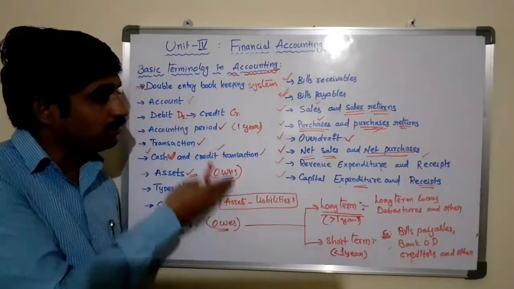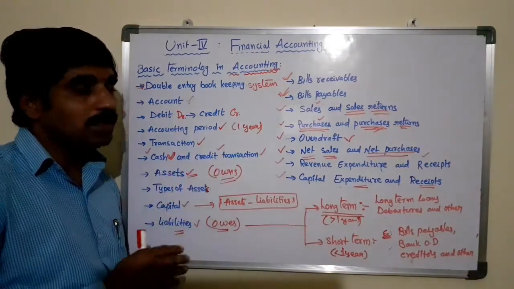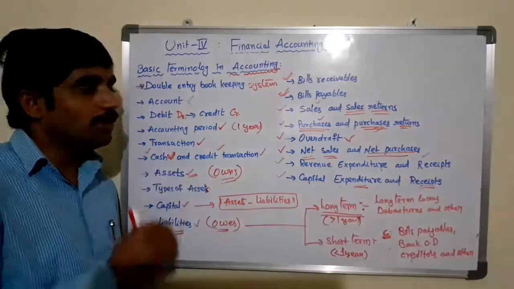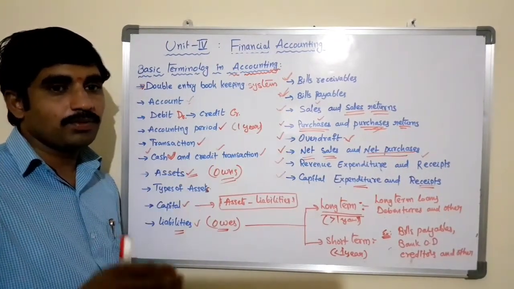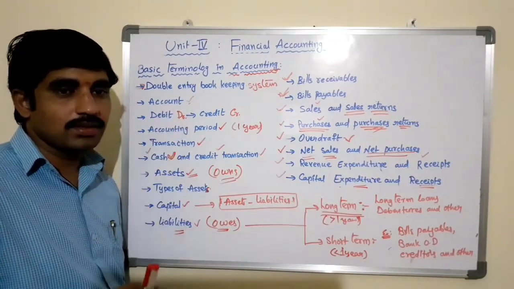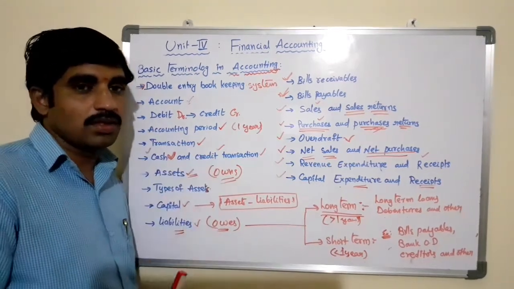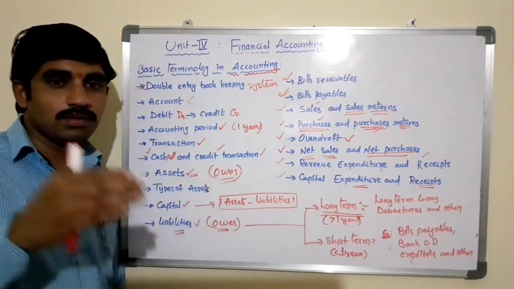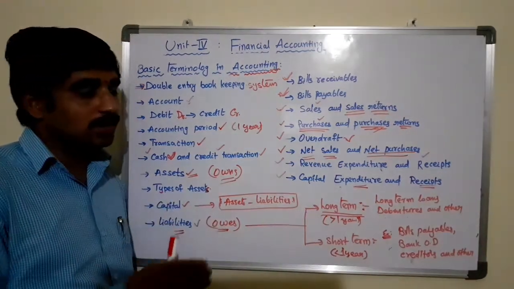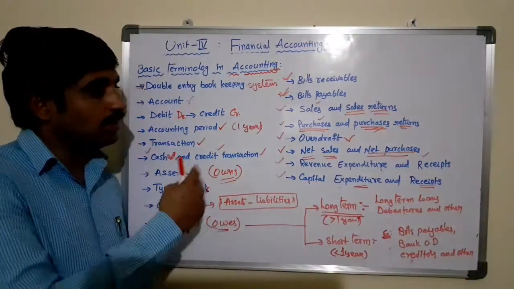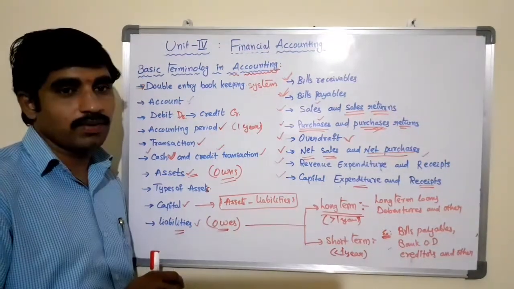So these are some of the terms that we use under the double entry bookkeeping system or accounting. At the time of preparing the transactions, journals, ledger book, trial balance and final accounts, we will discuss different terms other than these if required.